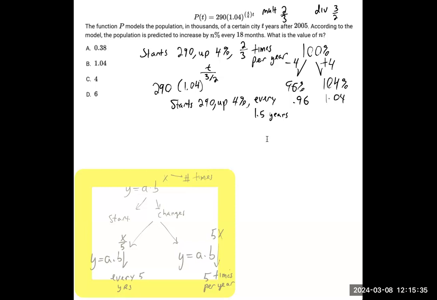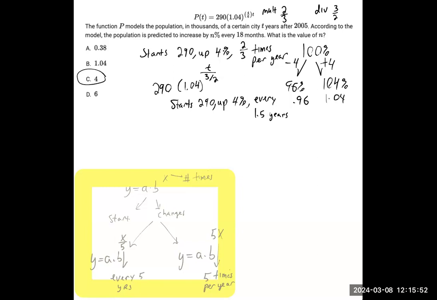Now, both of these could get us to our answer in this situation, because 18 months is a year and a half. So they're asking us, by what percent is it going to increase every year and a half? Clearly, that's 4%.